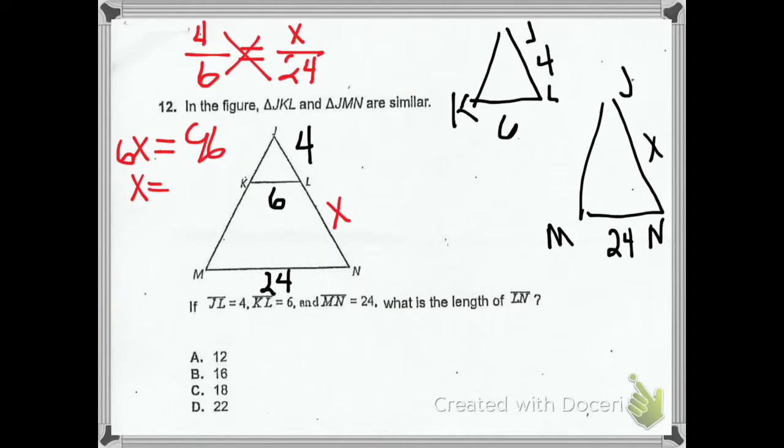So X equals 16. So that would be the length from J to N is 16, which if you go to your original picture, that's 16. So be careful not to choose B because that's JN, not LN. So I've got to figure out 4 plus what number is going to give me 16. So 4 plus 12. You can get that by subtracting 4 and 16.